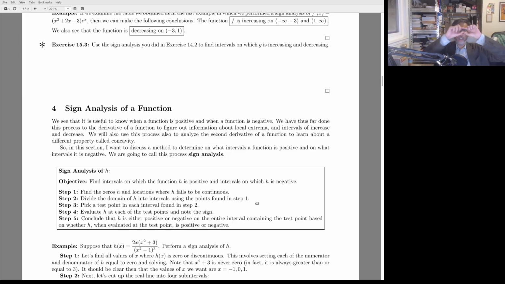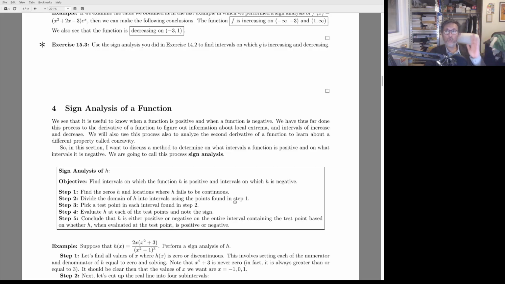So the way I'm going to envision this, we're going to take the real line and cut it up into pieces. Where are we going to make the cuts? We're going to make the cuts at those points that we found in step 1, the places where the function is either 0 or discontinuous.